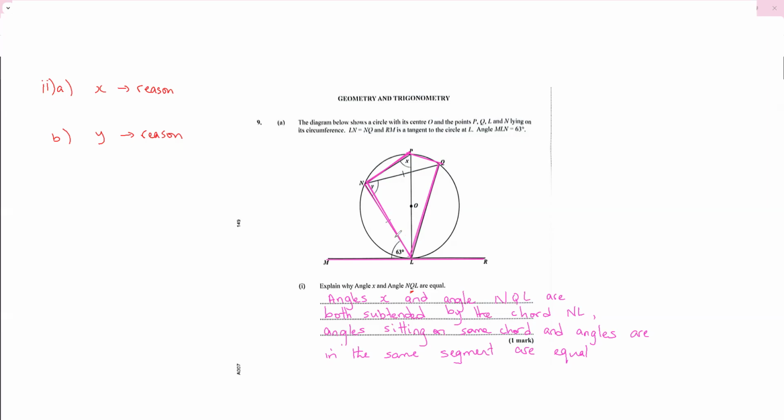Now watch me on this part, right? So we know that I want to unsee the quadrilateral, right? If you look here, you have a diameter and it's meeting the tangents.